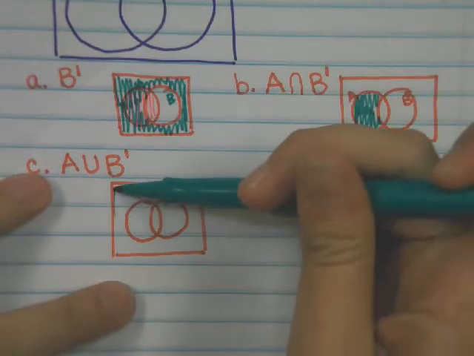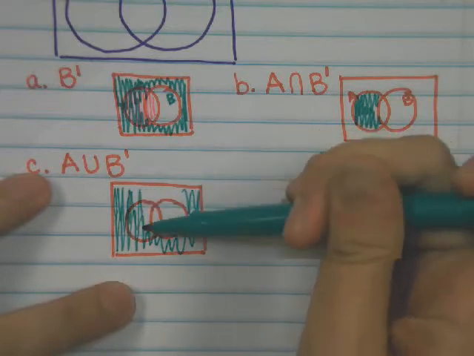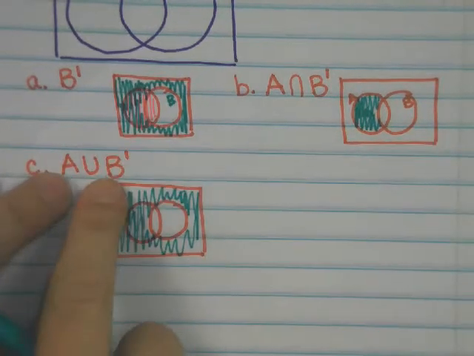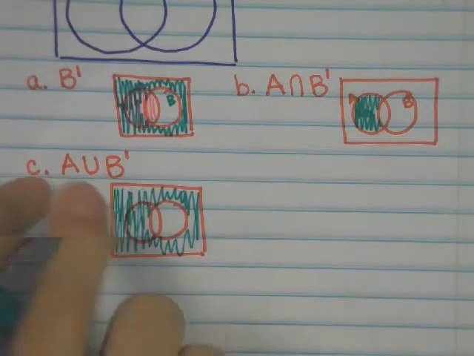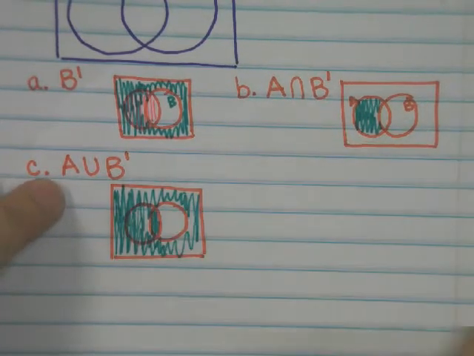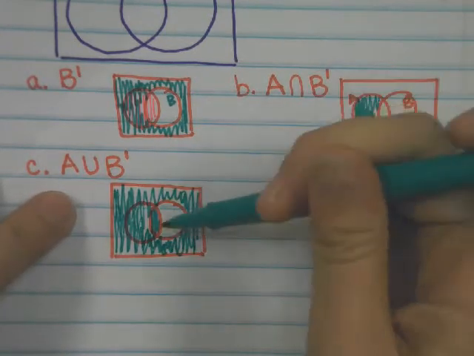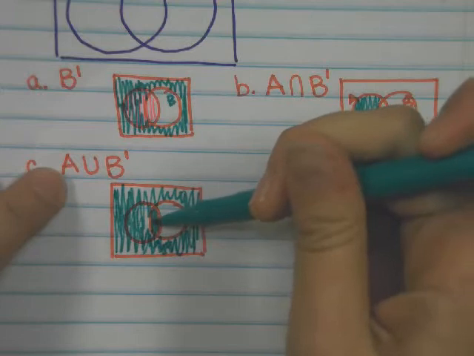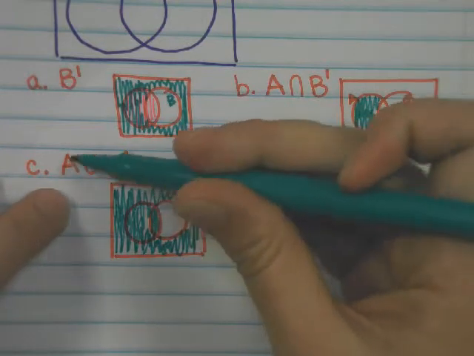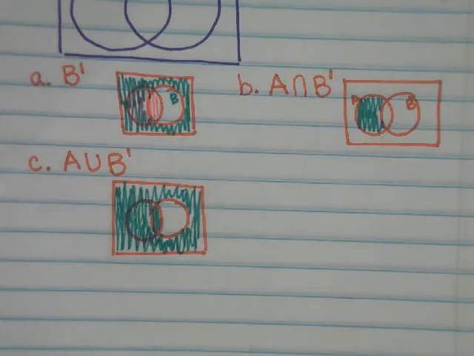Everything in B complement is definitely going to be here, because the union means everything in this or in this. We also need to shade these here, because the first set I shaded were all the things in B complement. These little pieces are in A. So it's in A or in B complement, either one, and that's what we would shade there.